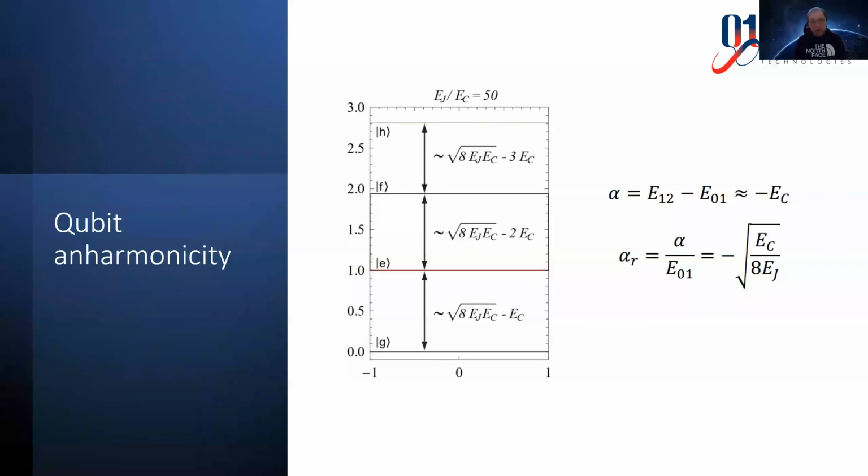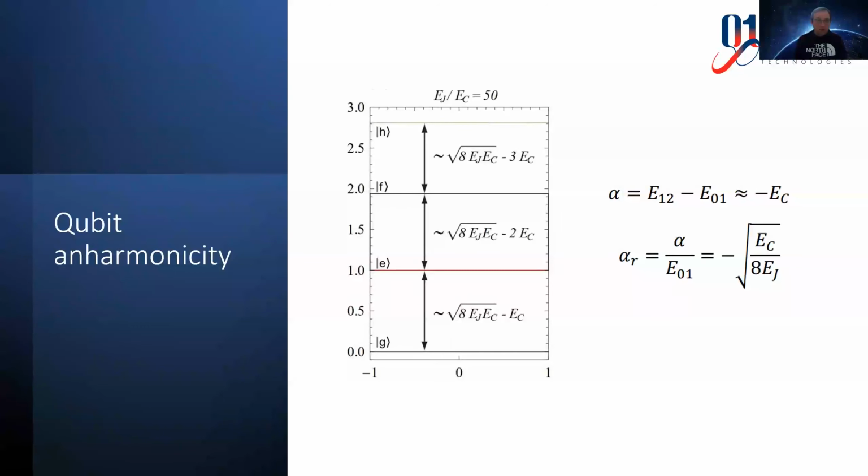We see it also here, where EJ over EC is equal to 50, and this is how the transition frequencies look like. This regime is very interesting because the sensitivity of the qubit to charge fluctuations is highly reduced, where the charge fluctuations are responsible for decoherence of the qubit. So when decoherence happens, the qubit loses its quantum information.